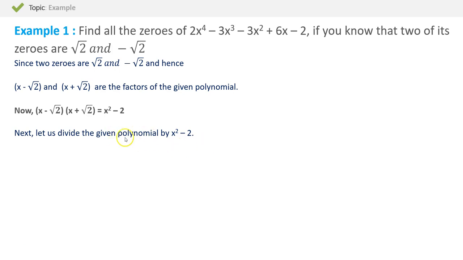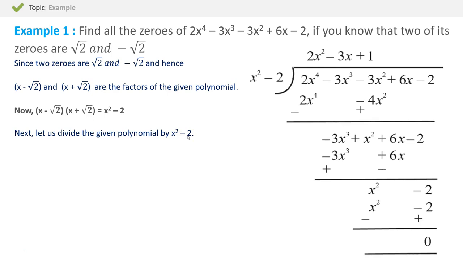Now let us divide the given polynomial by x squared minus 2. When you simplify this, you finally get to a place where your remainder becomes 0.